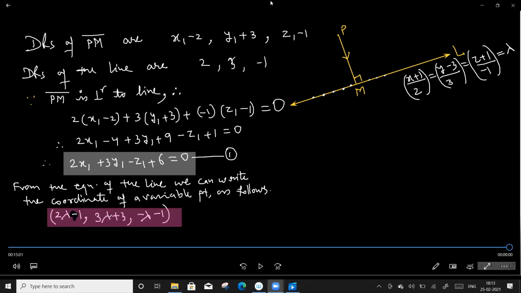So 2 lambda minus 1, 3 lambda plus 3, minus lambda minus 1. These three are the x, y, and z coordinates of a variable point on the line.